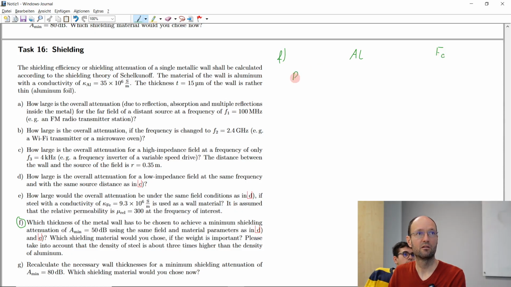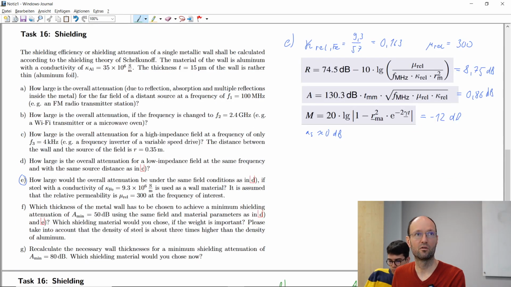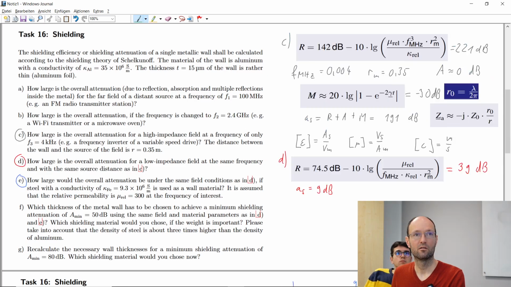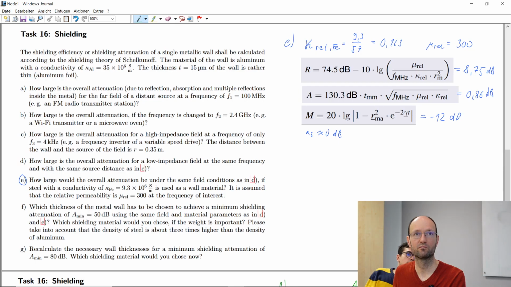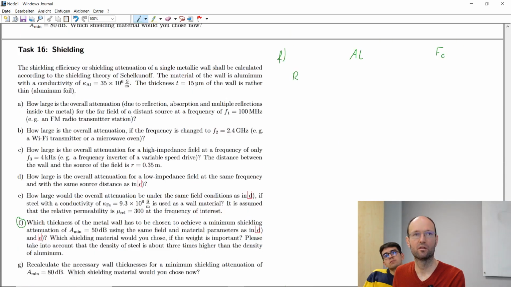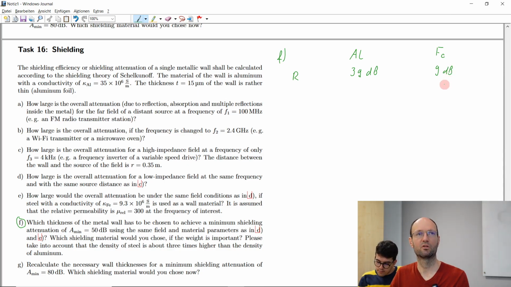If we take a look at the reflection parameter, for aluminum it was something like 39 dB, and for steel it was just 9 dB, let's say 8.75. So this was 39 dB, and this was, let's approximate it, 9 dB, right? We could have the exact values.